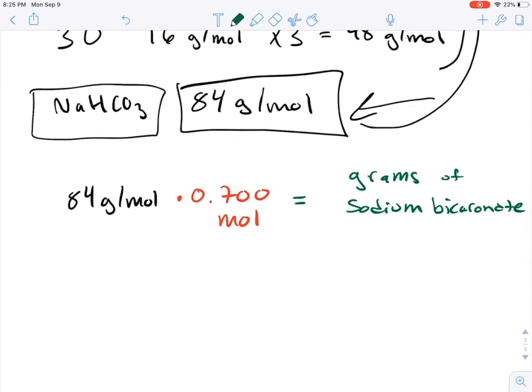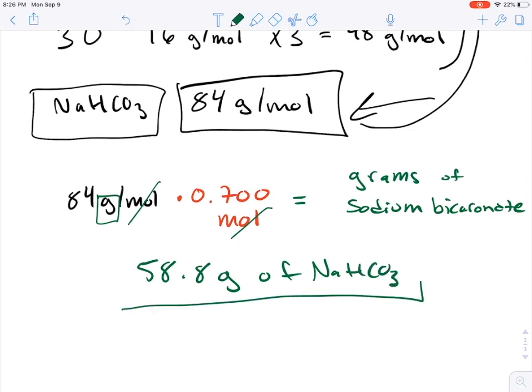So now all we have to do here is calculate, and our moles are going to cancel out like this, and we're going to be left with just grams. So 84 times 0.700 is going to give us 58.8 grams of NaHCO3. And you have just solved moles to grams.